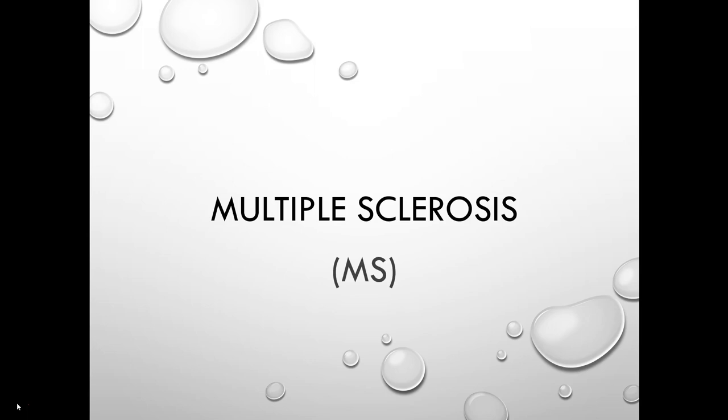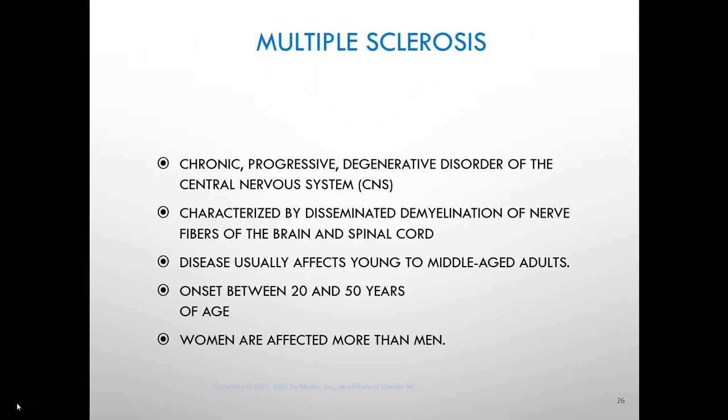Okay, so let's go over the slide and see what's going on there. Multiple sclerosis. It is a chronic progressive degenerative disorder of the central nervous system. We already talked about that.